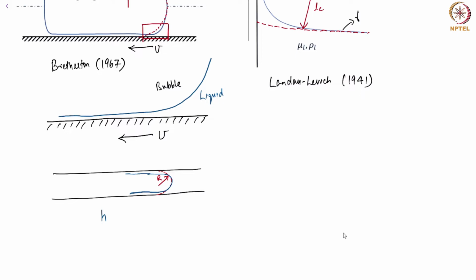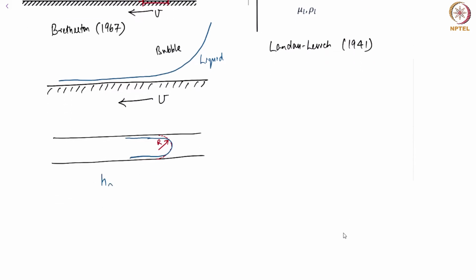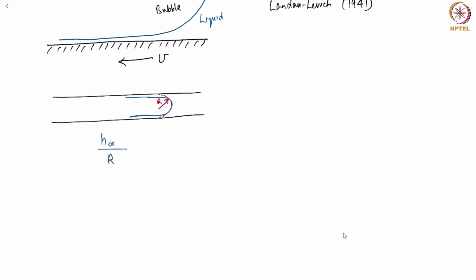So if one were to do exactly the same analysis as the Landau-Levich flow, then the thickness of the coating, where the outer region or the static region is given by the radius of the tube, gives us 1.337 capillary number to the 2/3. Recall that the same analysis for the Landau-Levich flow gave us H by LC equal to 0.9458 capillary number to the 2/3.